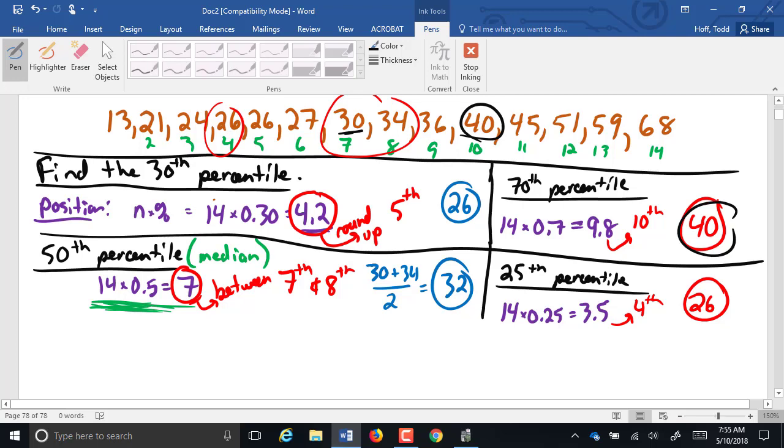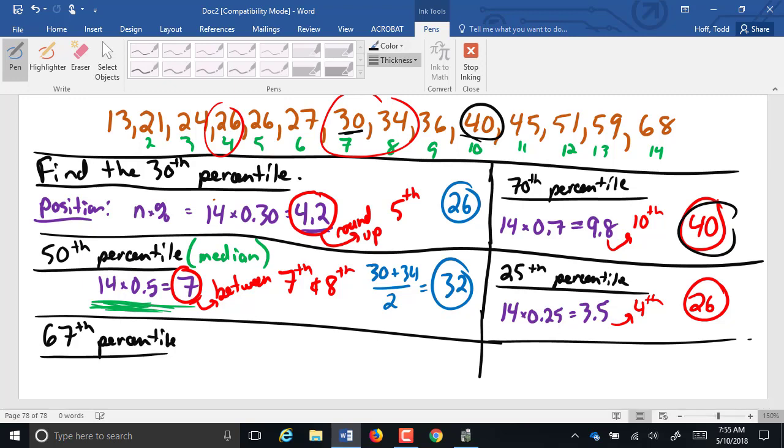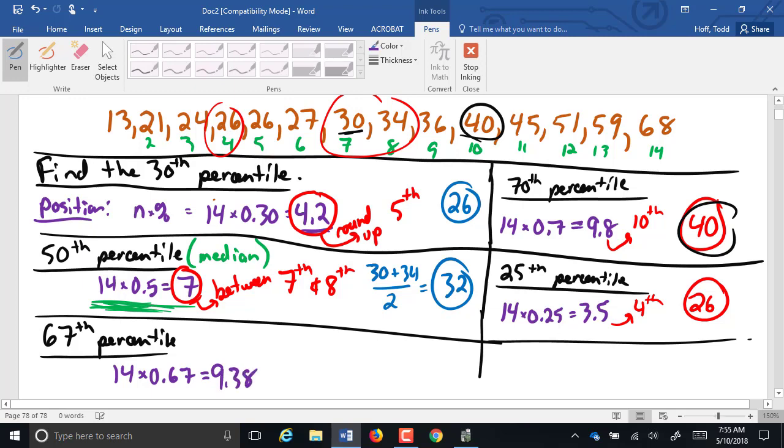But what if I asked you to find the 67th percentile? 9.38, which rounds up to the 10th position, which is still the 40, right?